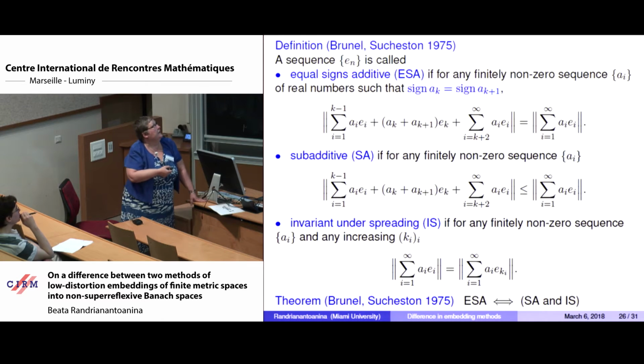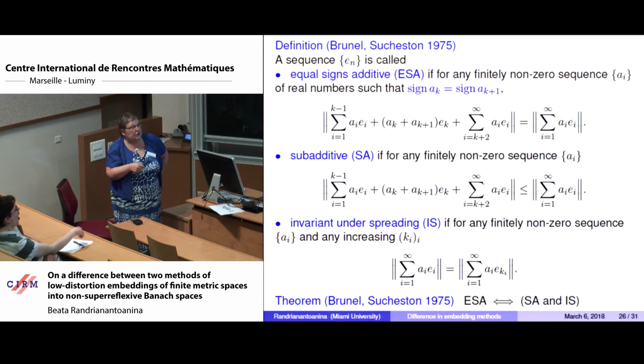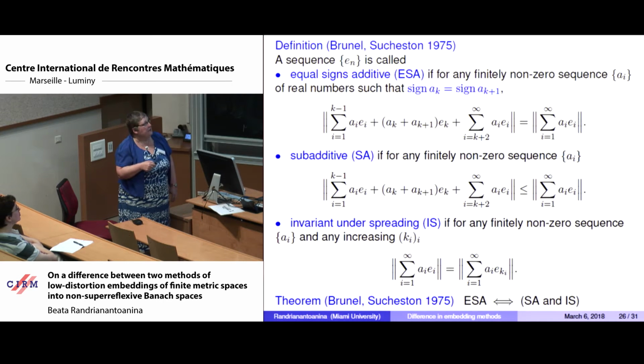What do I mean by that? Here's the definition. It is equal sign additive, meaning when I have my sequence, if two neighboring coordinates have the same sign, that's why they call it equal sign, then we can add them for free without changing the norm.